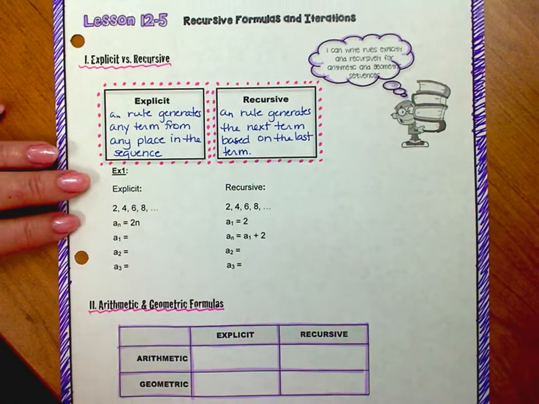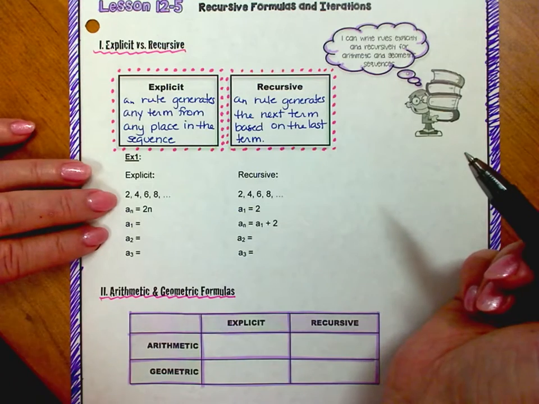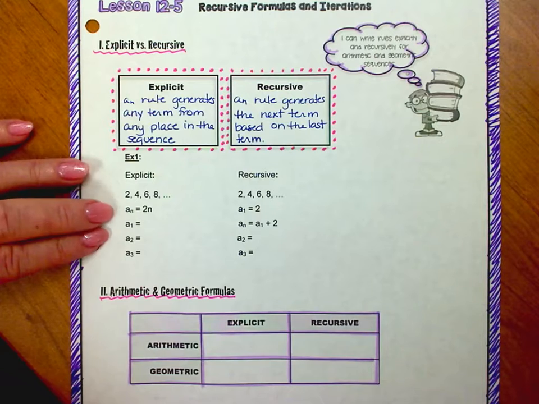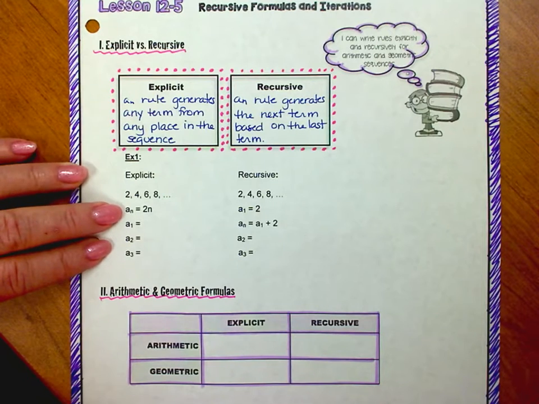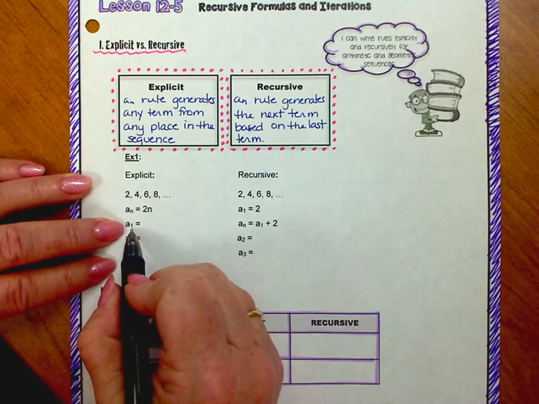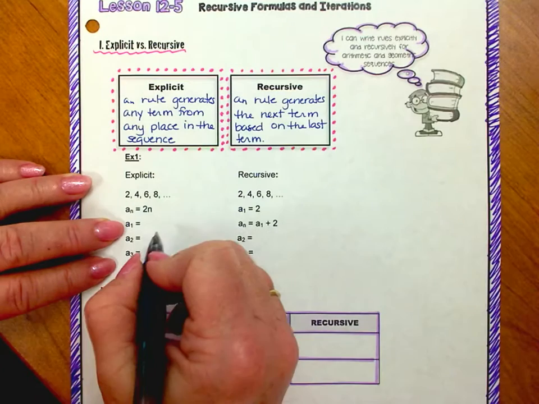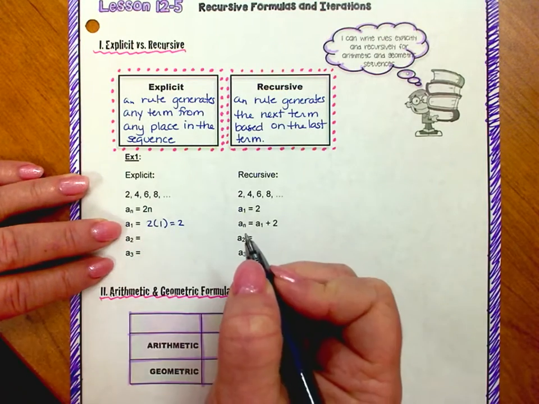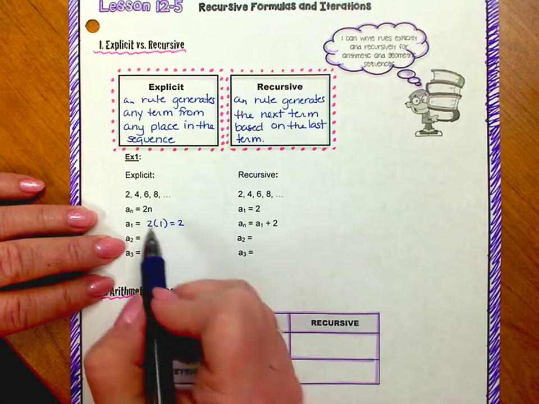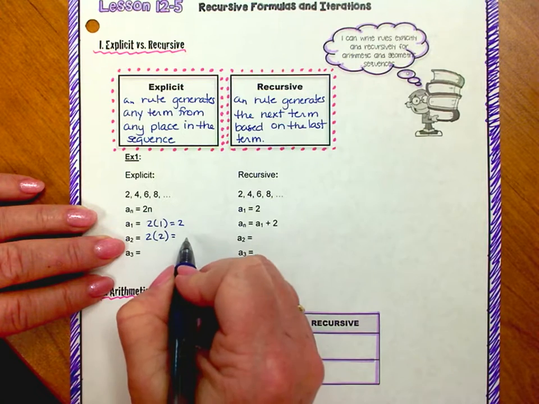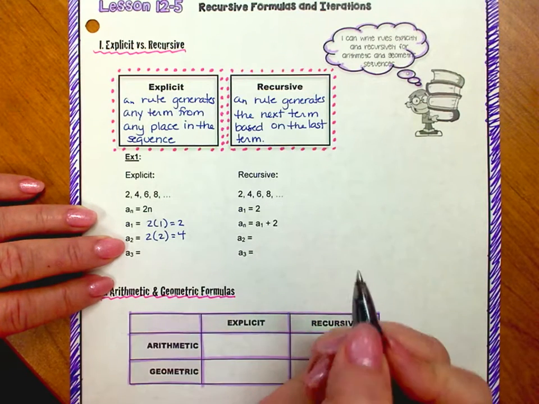All right, so for example, if we have a really difficult sequence of 2, 4, 6, 8, and that gives us a rule of a sub n equals 2n. So then we could say a sub 1 and put the 1 in for the n, so 2 times 1 is going to be 2. Then if we put the 2 in, we go back to our formula and we say 2 times 2 is equal to 4.